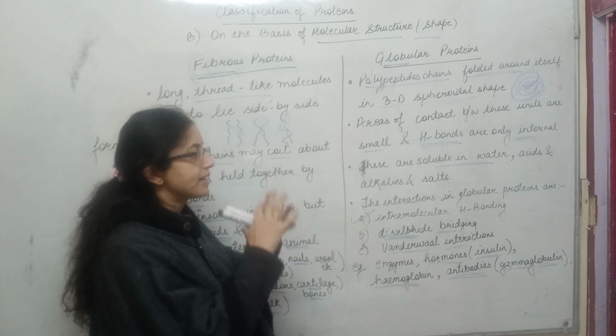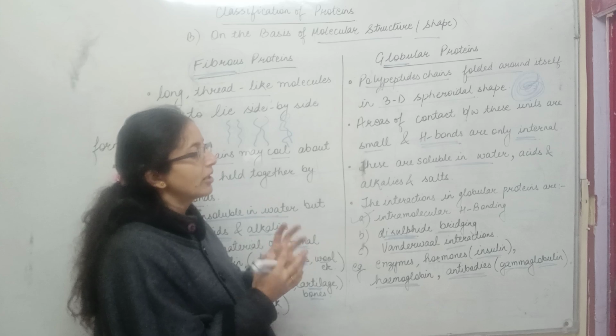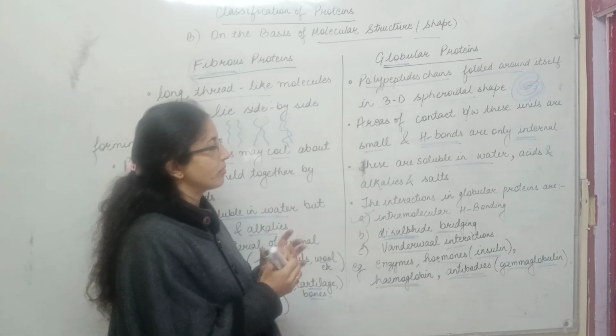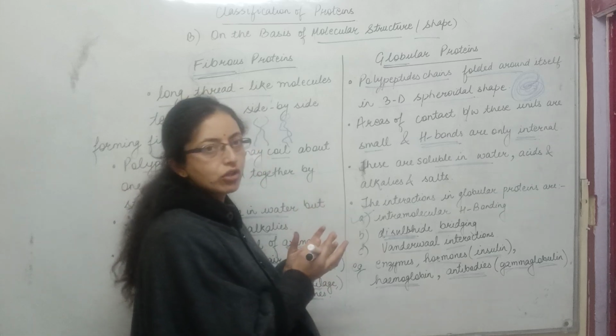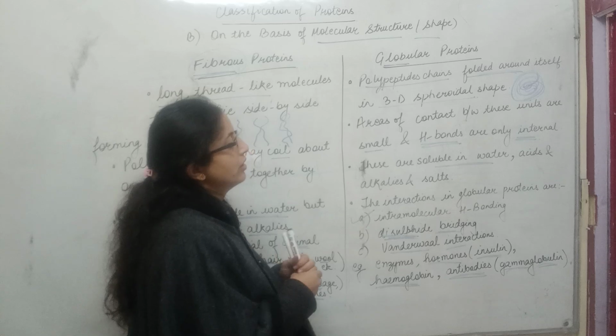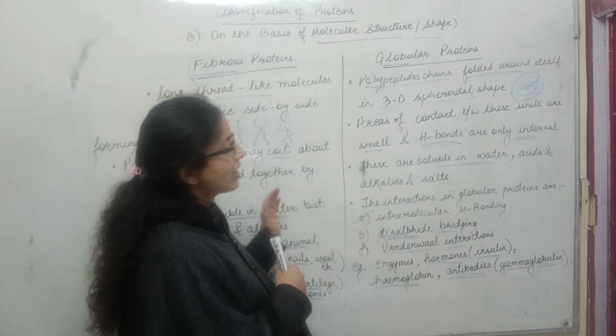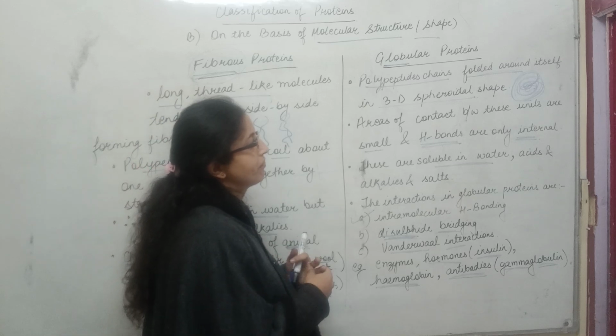So how are globular proteins? The polypeptide chain is coiled in such a way that it has a spheroidal shape, globular meaning sphere like shape, right? And there are intramolecular hydrogen bonds within the molecule. Since hydrogen bonds are there, it interacts with water. In fibrous proteins, between the chains there is hydrogen bonding, so they are insoluble in water.